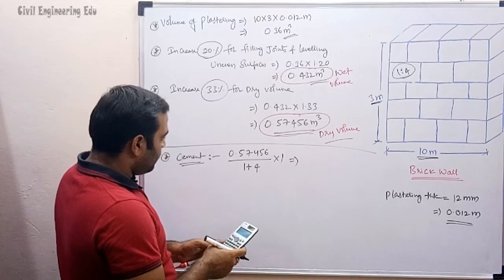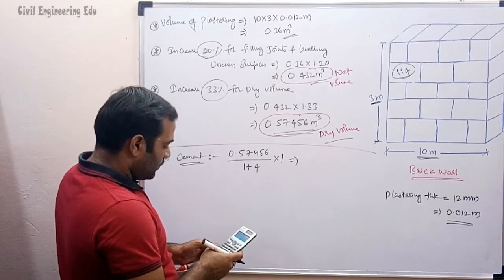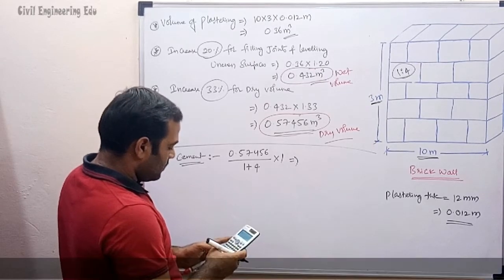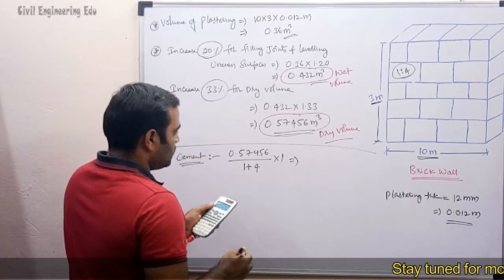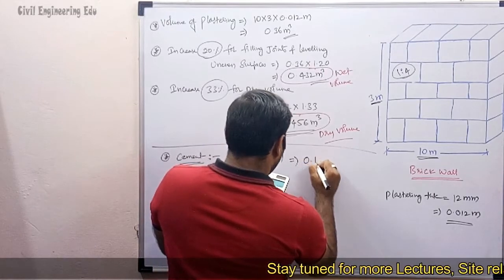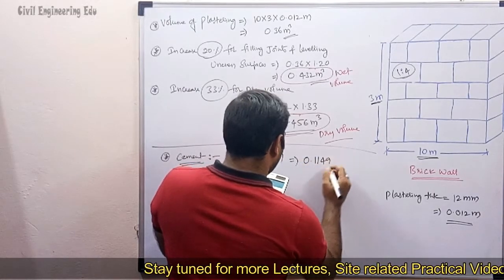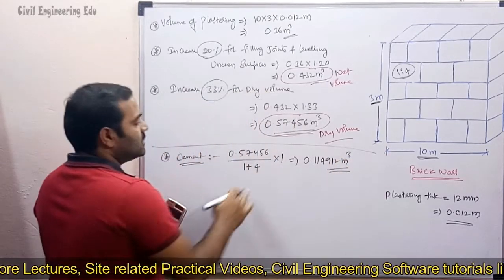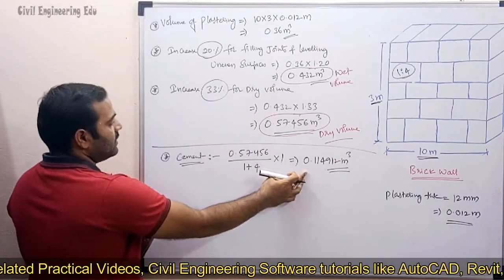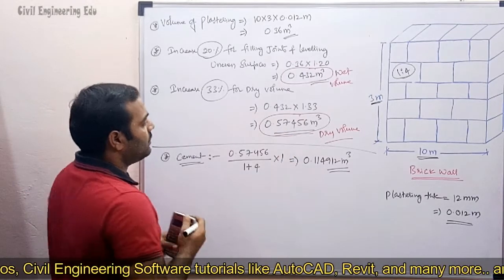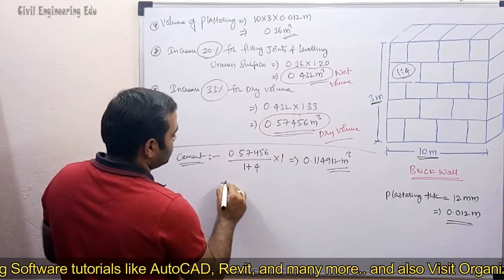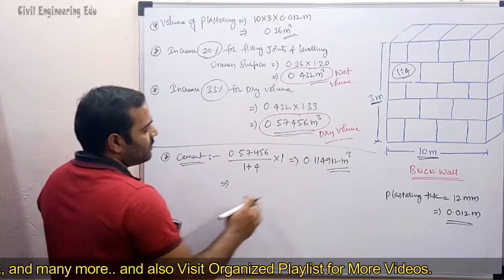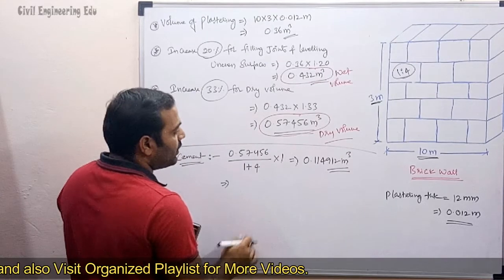So 0.57456 divided by 5. Here we are getting 0.114912 meter cube. This is the volume occupied by cement in this dry volume of cement mortar. To convert this into cement bags, we have to simply multiply this with 28.8.